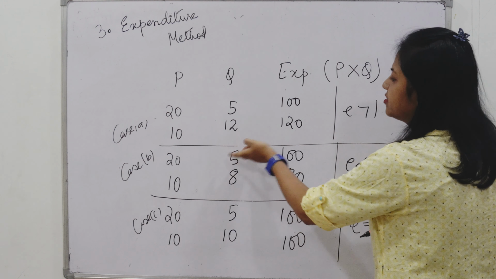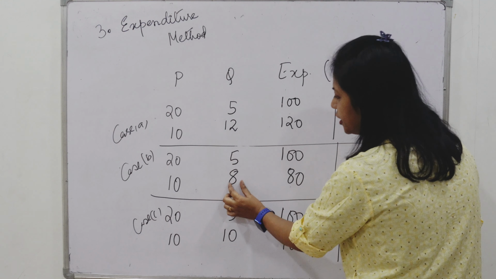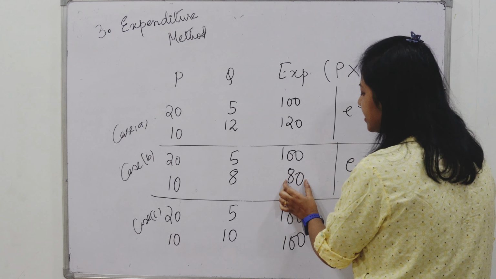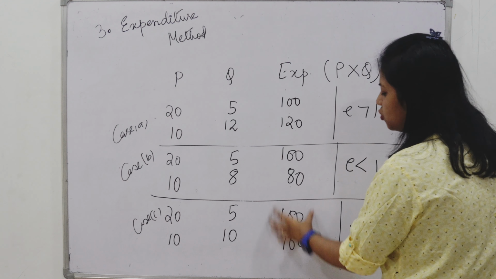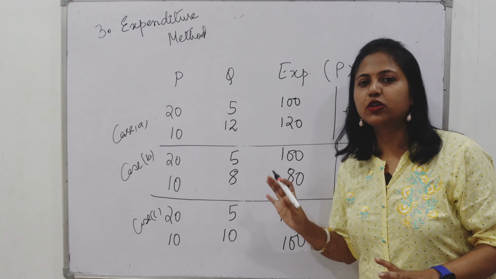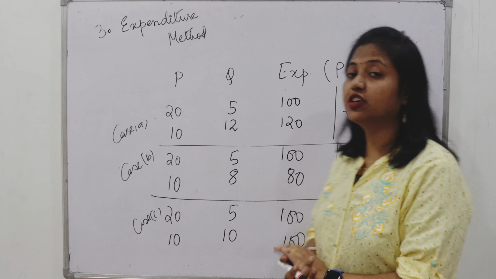That's why his demand has resulted in more expenditure. But here the consumer has responded, but it was not that high. That's why the expenditure, instead of increasing, has decreased. So E is less than 1. Whereas here there is no change in the expenditure, so E is equal to 1. So friends, this is about how we can understand the elasticity considering the expenditure in mind.